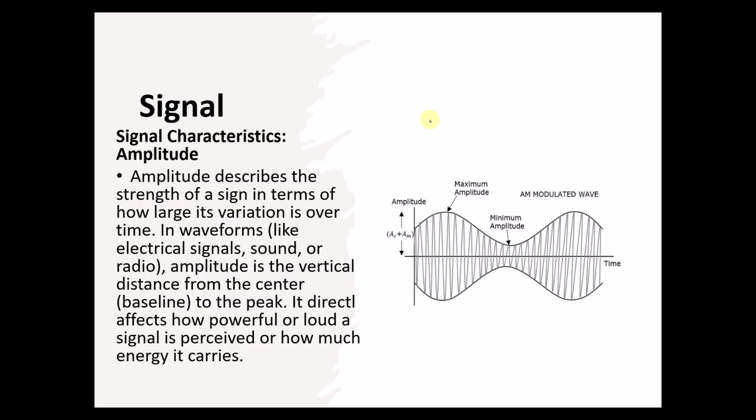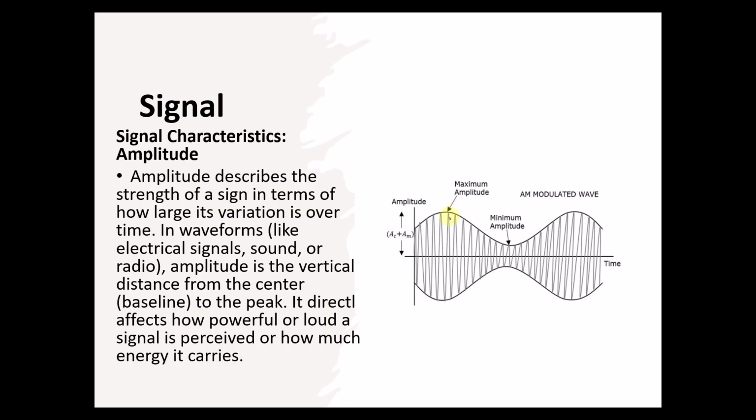In waveforms, amplitude is the vertical distance from the center to the peak. So if you see this signal that is drawn here, this is the maximum amplitude and this is the lowest amplitude. So the definition says that it's the strength of a signal in terms of how large its variation is over time. As the signal varies, the y-axis measures the amplitude.